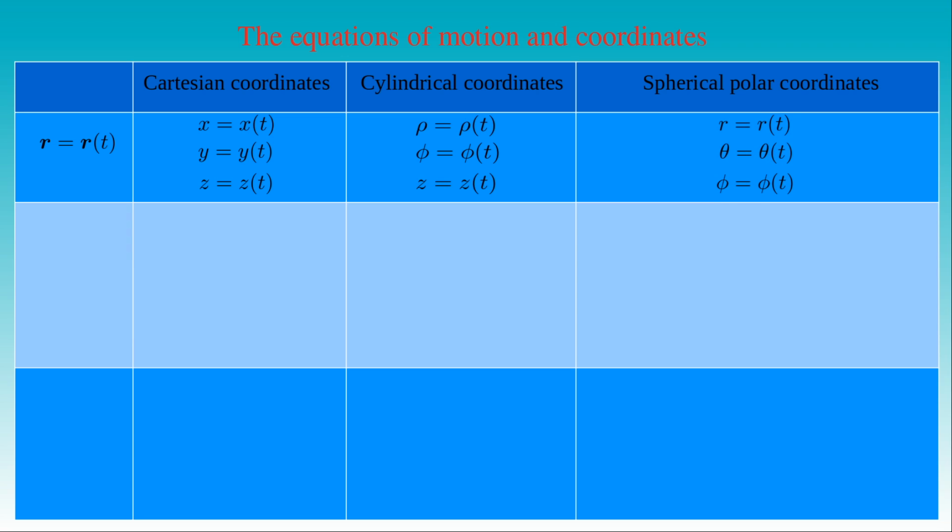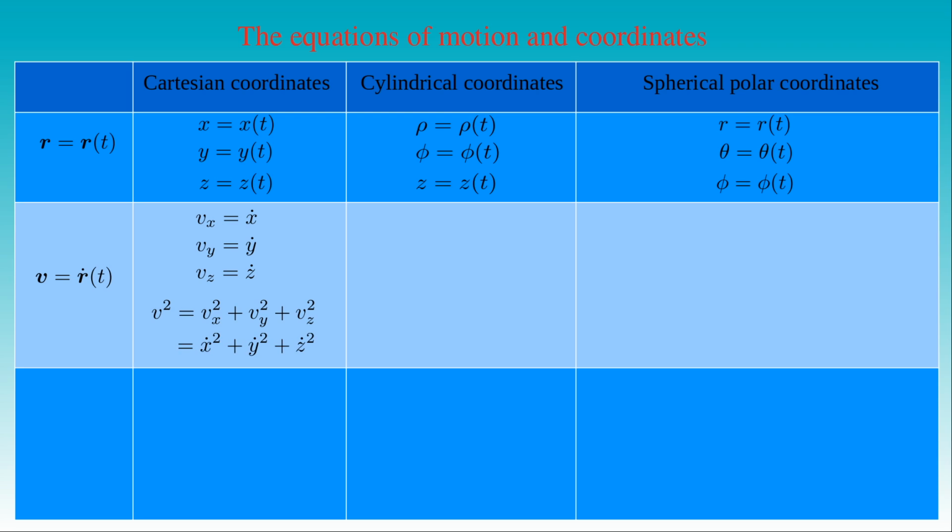The next row contains the velocity v, as a function of the time t. The velocity components in Cartesian coordinates are just the derivatives of the coordinate functions x, y and z. We also show the square of the length of the velocity vector, which is its scalar product with itself. Then it is just the sum of the squares of the derivatives of the coordinate functions.